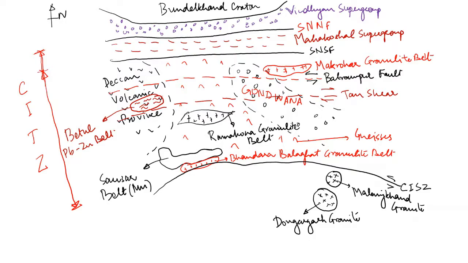If we try to draw a cross section along the north-south strike of the CITZ, then what would it look like? So if we start from the north, what we are going to draw is the cross section along the north-south strike of the CITZ.